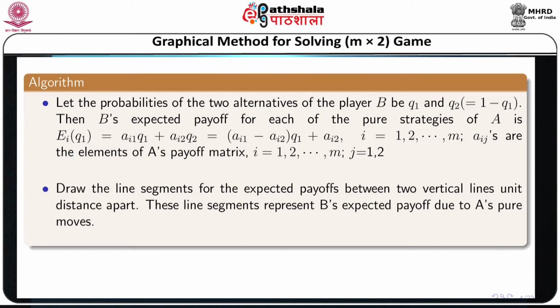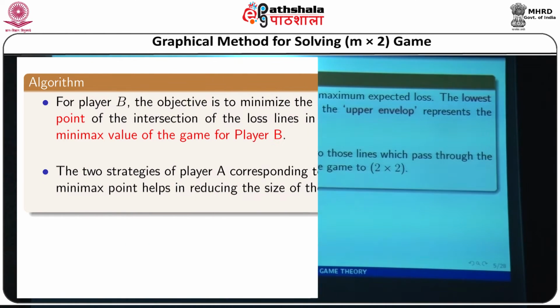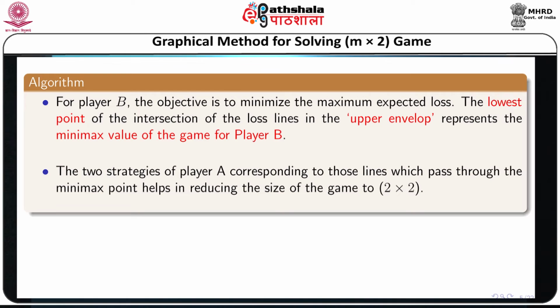We draw the line segments for the expected payoffs between two vertical lines a unit distance apart. These line segments represent B's expected payoff due to A's pure moves. For player B, the objective is to minimize the maximum expected loss.